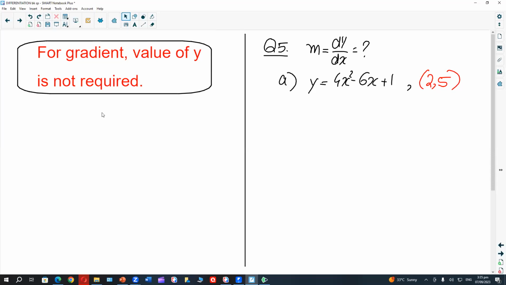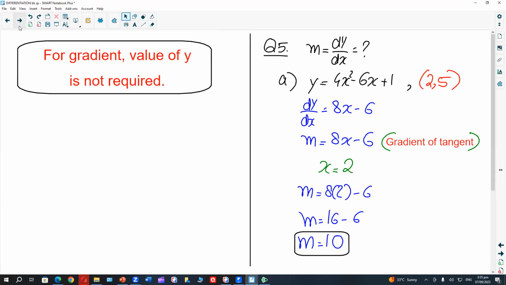Done. Is the value of x 10? The gradient, you have to say that this is the gradient. The gradient value is 10. So please make sure you are writing the letter M. M is the symbol of gradient.